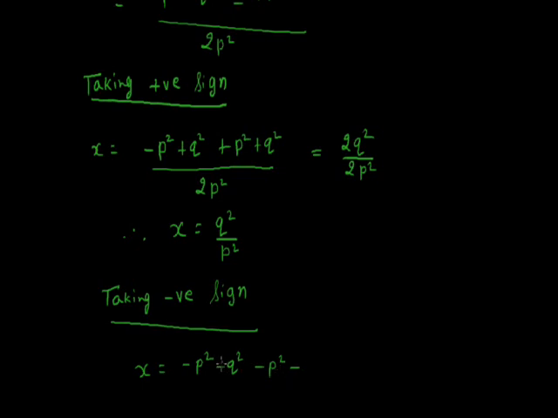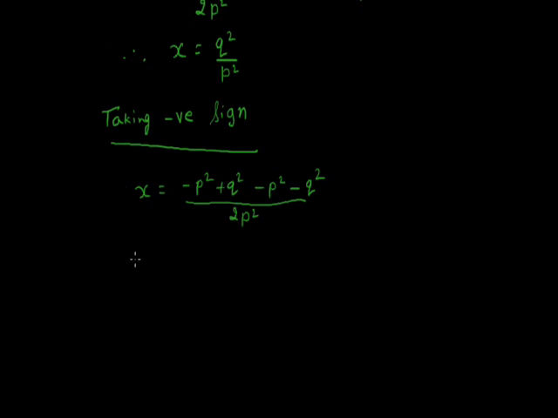So here will be plus p square, minus q square upon twice p square. So x will be equal to minus twice p square upon 2p square, or we can say x is equal to minus 1. Therefore we have got two solutions of this quadratic equation.